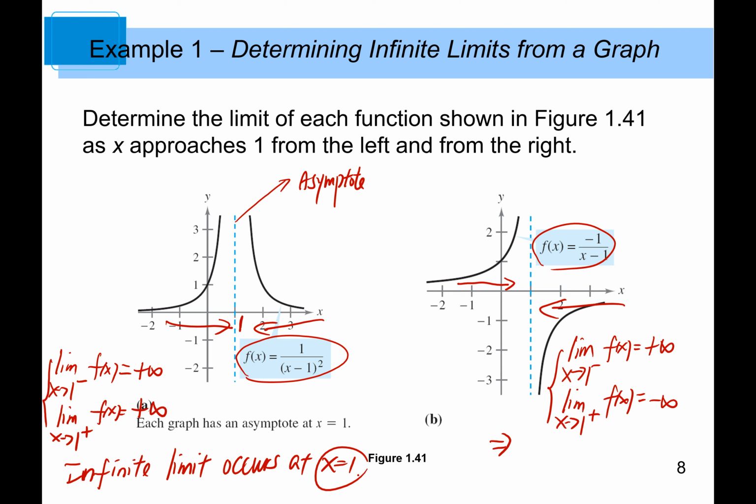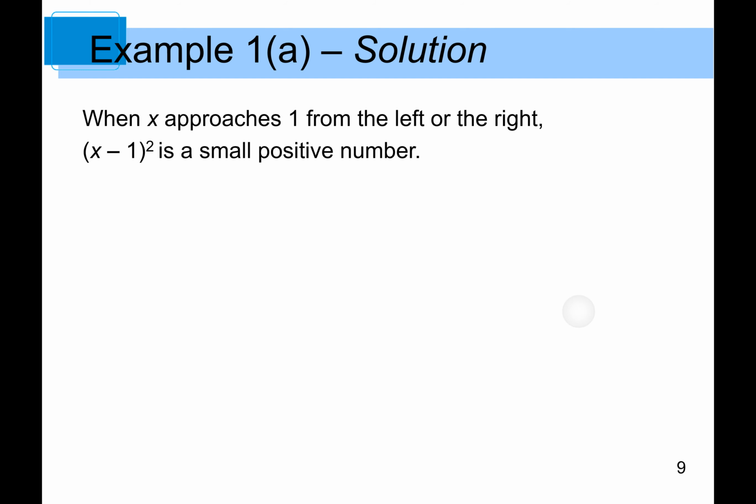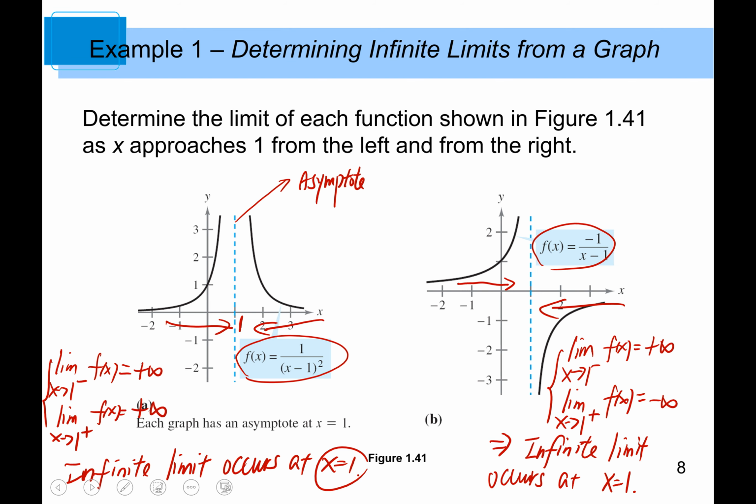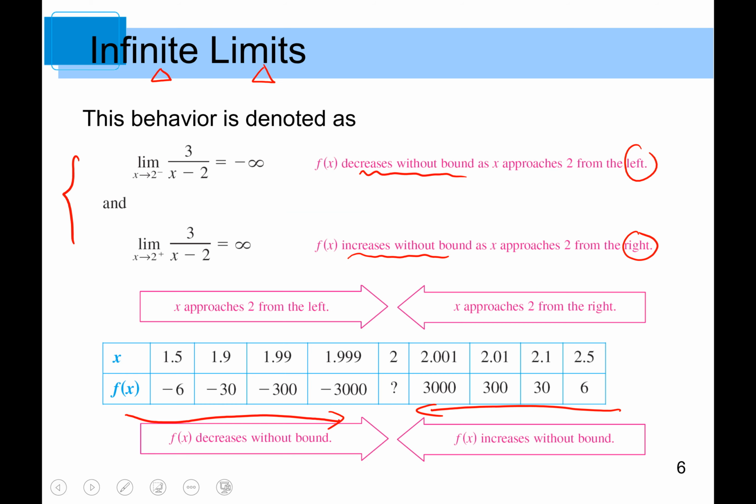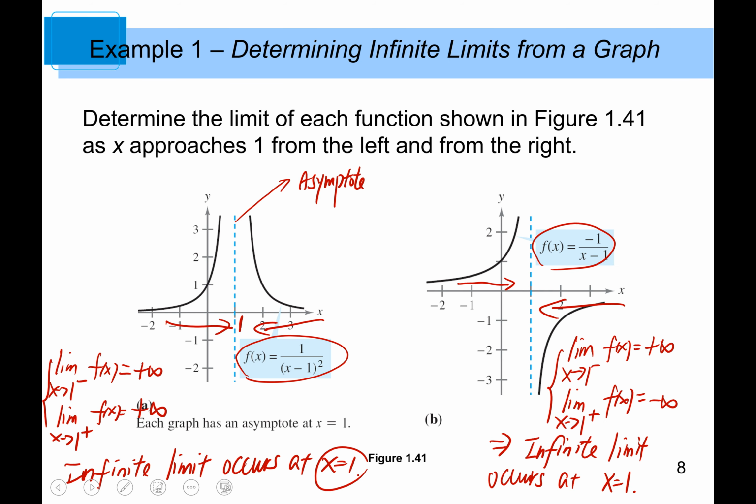So an infinite limit occurs at x equals 1 as well. Both of these are the asymptotes we are talking about.